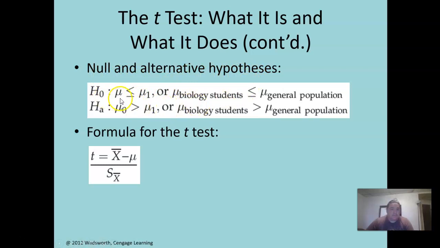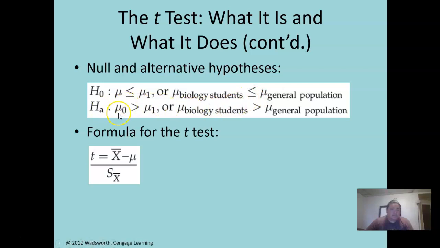Okay, so this one, again, the null hypothesis is that mu is going to be less than or equal to the second mu 1. Or biology students are going to be less than or equal to the general population. And I don't know what the actual question is, but whatever we're assessing in biology students is going to be less than the general population.